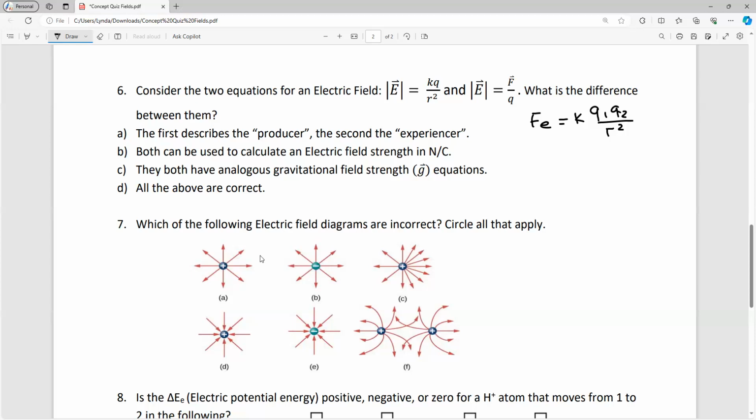It's analogy to gravitational field strength. For gravitational field strength, g, what is g? It's like force of gravity equals mg. So what is g? Force over mass. So in our case, it's also force over unit charge. Okay, so everything is correct here.